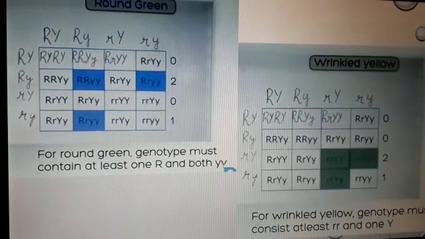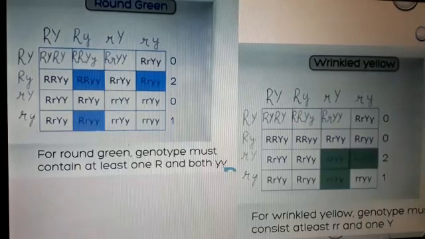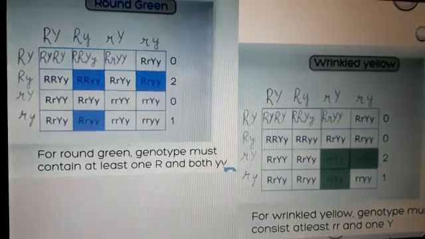So, that is what will be round and green seeds. In the third one we are having none of the seeds which are round and green, and in the fourth one the second cell is having the small y and along with that one capital R. So, we will be having those as round and green seeds.